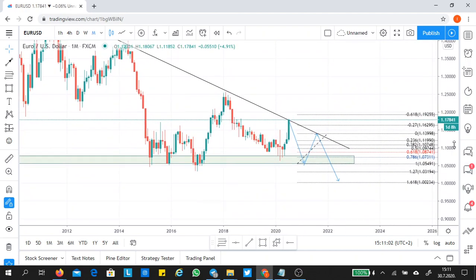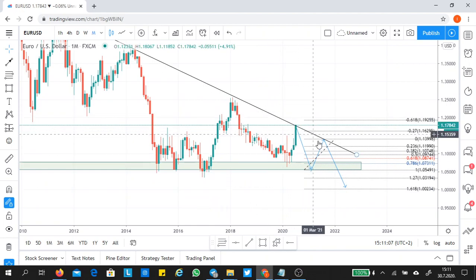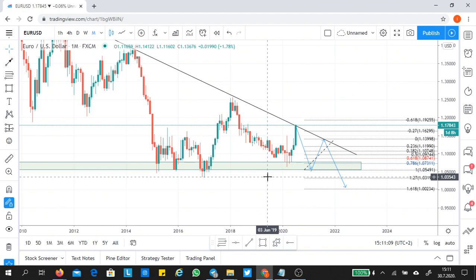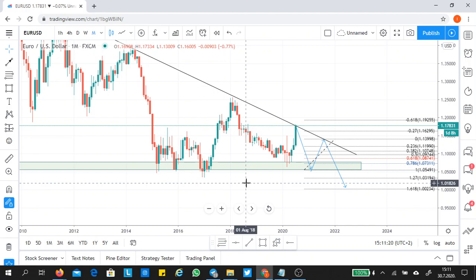My personal view is that we are going to go above it, so break it, make a retest and go up, but scenarios 1 and 2 are possible, and you have to take into consideration both.